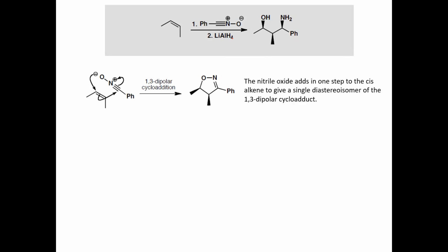What happens now if you use lithium aluminum hydride? The first thing is that it reduces the part which is more electrophilic, in this case the bond between the carbon and the nitrogen. This one is even more electrophilic than a normal carbonyl.